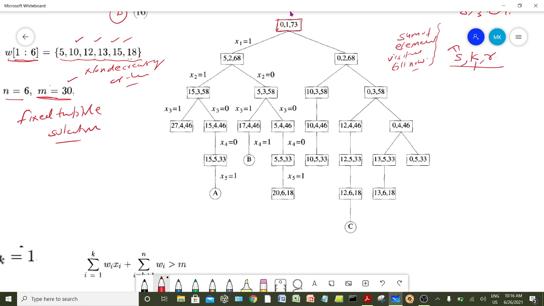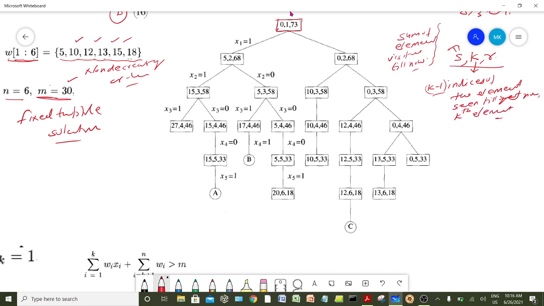Now this K is the number of elements, or you can say indices of the elements seen till yet, or you can say that K minus 1 indices are seen till now, and now we are targeting the kth element.